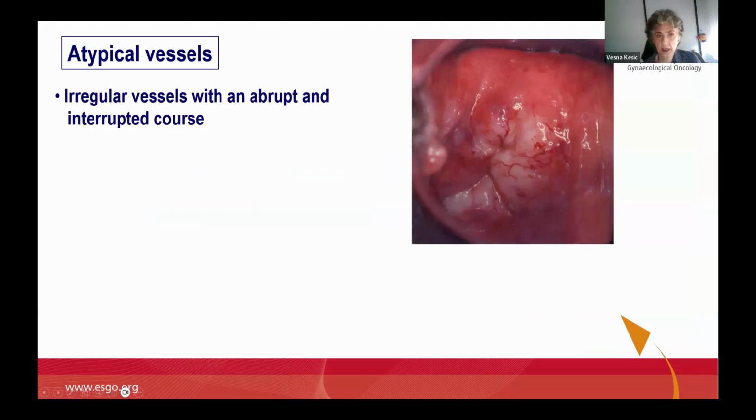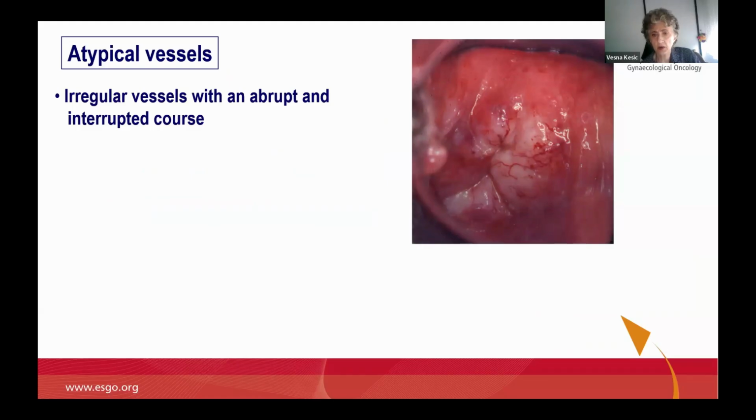Atypical vessels are probably the most difficult for us in colposcopy. It is not easy to say or to recognize whether abnormality belongs to neoplasia or maybe is part of some other process. They are irregular.